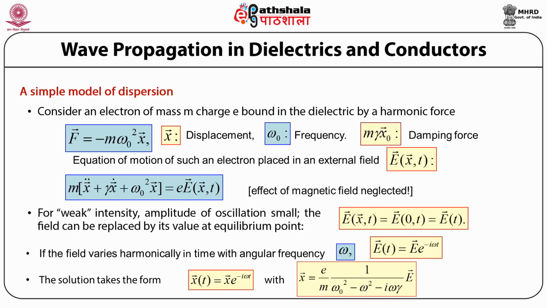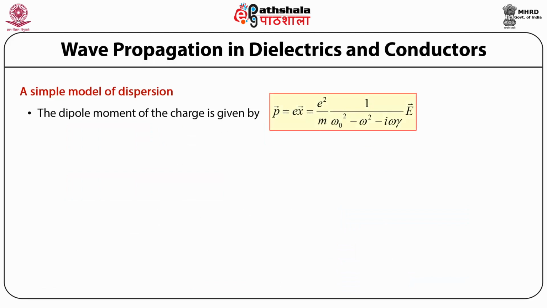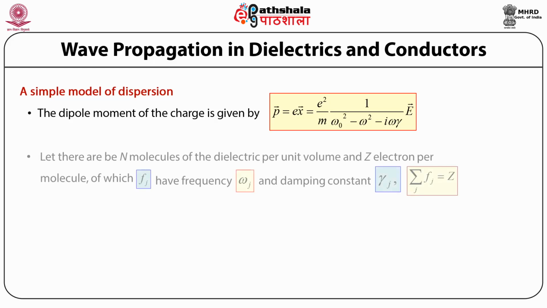So on substitution, we obtain the solution x equals e by m times 1 upon omega naught square minus omega square minus i omega gamma times E, and the dipole moment of the charge is given by p equals e x, which equals e square by m into 1 upon omega naught square minus omega square minus i omega gamma times E.